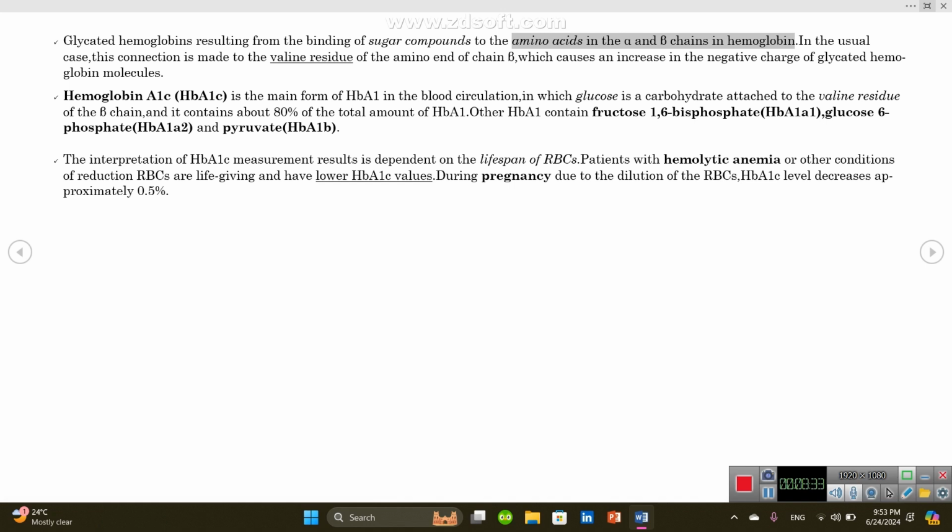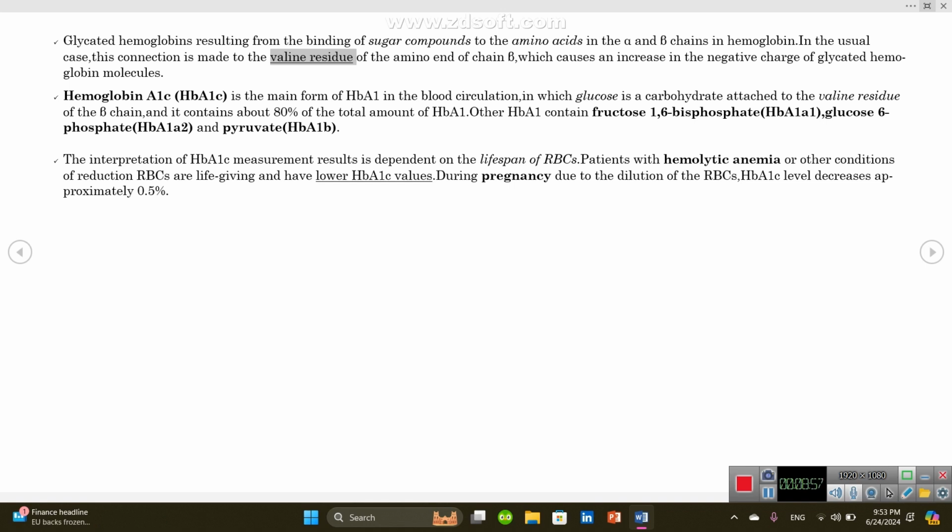In the usual case, this connection is made to the valine residue. Valine is an amino acid, a polar amino acid, actually, I think, of the amino acid end of chain beta, which causes an increase in the negative charge of glycated hemoglobin molecules.